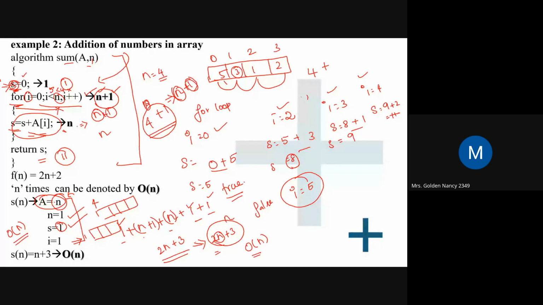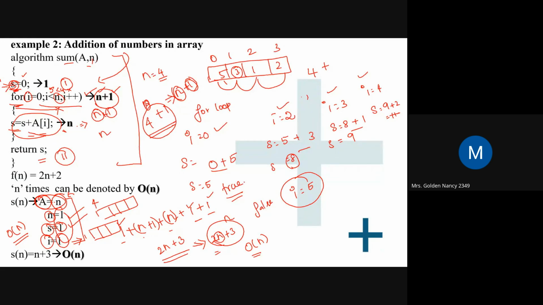These can happen 1 time each, because n will be holding only one value, s will be holding only one value, and i will be holding only one value, but the array will be holding the values given by the user. If the user gives 5 values, the array will be created for 5 variables. If the user gives 7 as input, the array will be created for 7 variables.